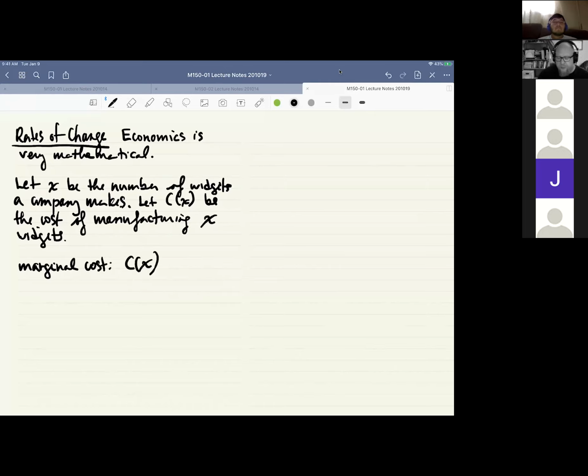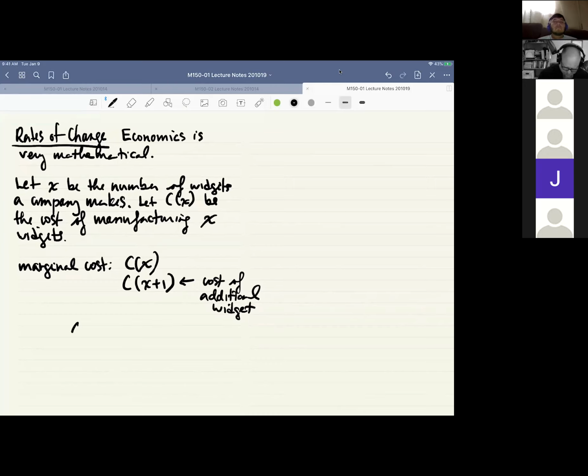They say, if you're making X widgets, let's look at the cost of making one more widget.